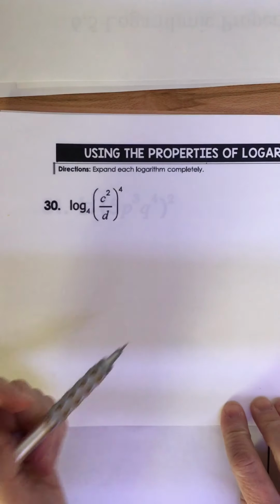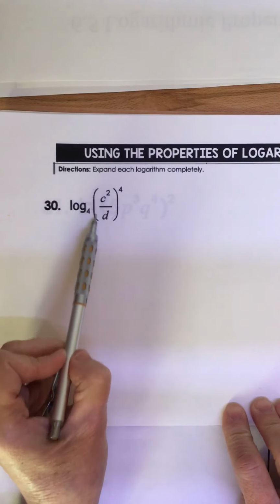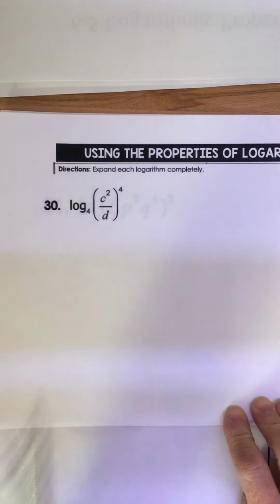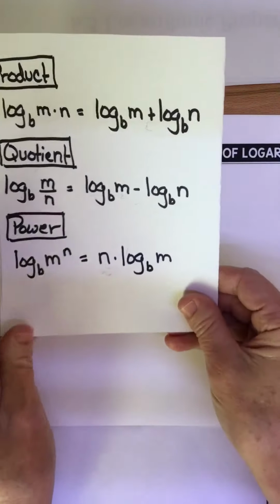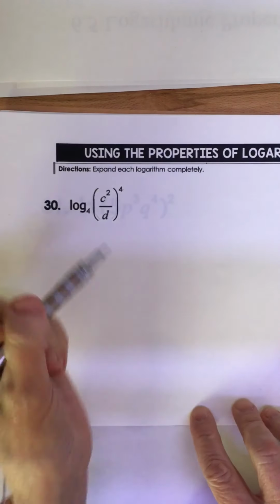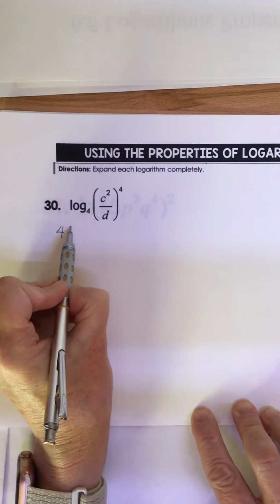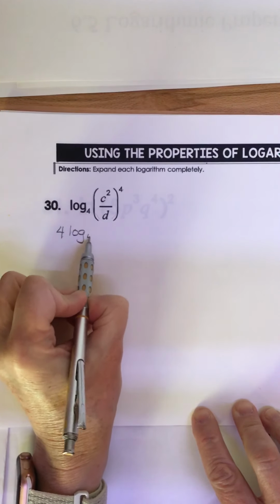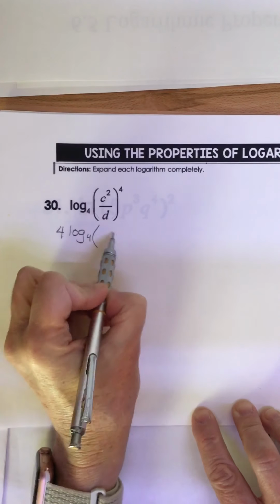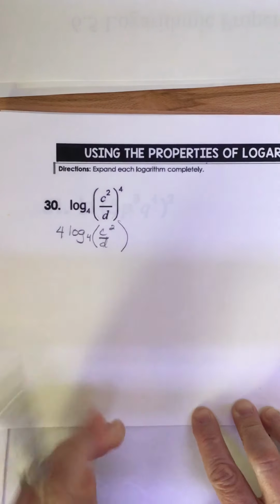All right, now, since this is all with an exponent right here, then you know that you're going to have to do this one first. So now we have 4 times log base 4 of c squared over d.